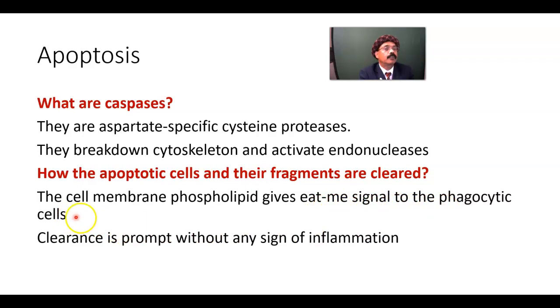The phagocytic cells very promptly engulf the apoptotic bodies, without significant release of intracellular enzymes or inflammatory substances. Clearance is prompt and without any signs of inflammation.